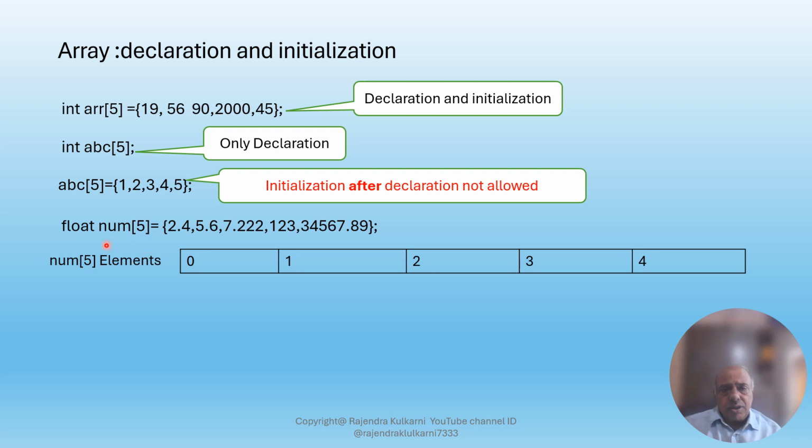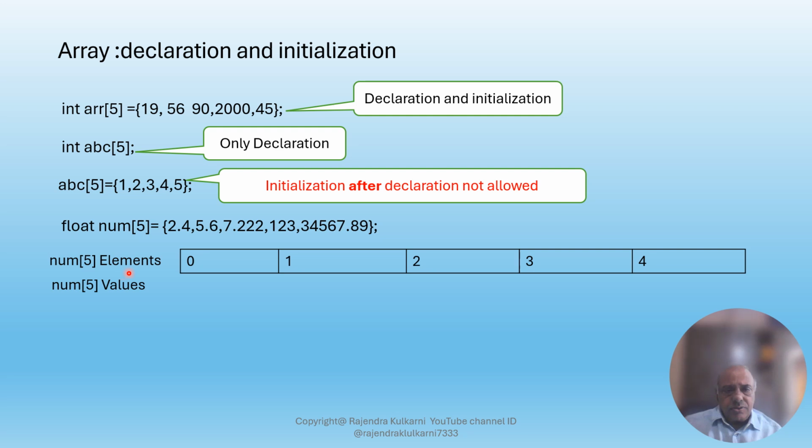So when the array is declared and initialized in this fashion, the compiler will allot 20 memory locations, because 5 float constants will occupy 5 into 4 is equal to 20 memory locations.